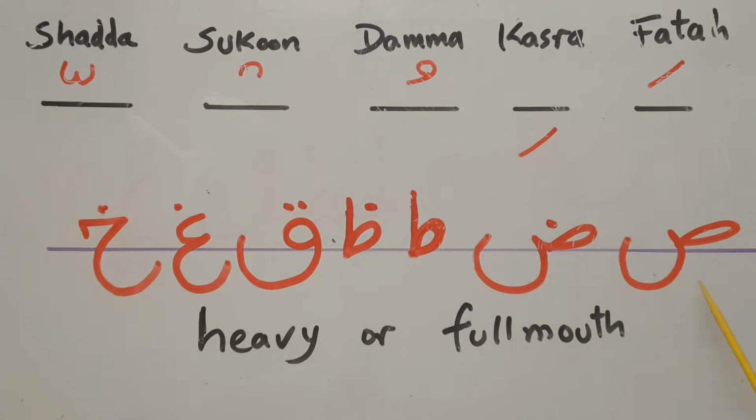So these are called full mouth, and the way to pronounce these letters is that you have to take the back of your tongue towards your palate in order to say these letters. The front of your tongue for the sod will stay behind the bottom teeth, and then the back of your tongue will touch your palate.